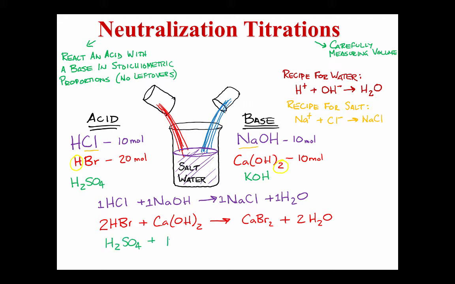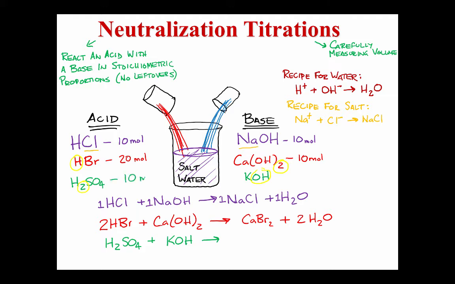H2SO4 and KOH represent the acid and base. Now let's look at the numbers in this neutralization. Notice that the acid has 2 H+ ions to donate, but the base only has 1 OH- ion. It looks like I'll need twice as many moles of KOH to neutralize the H2SO4.